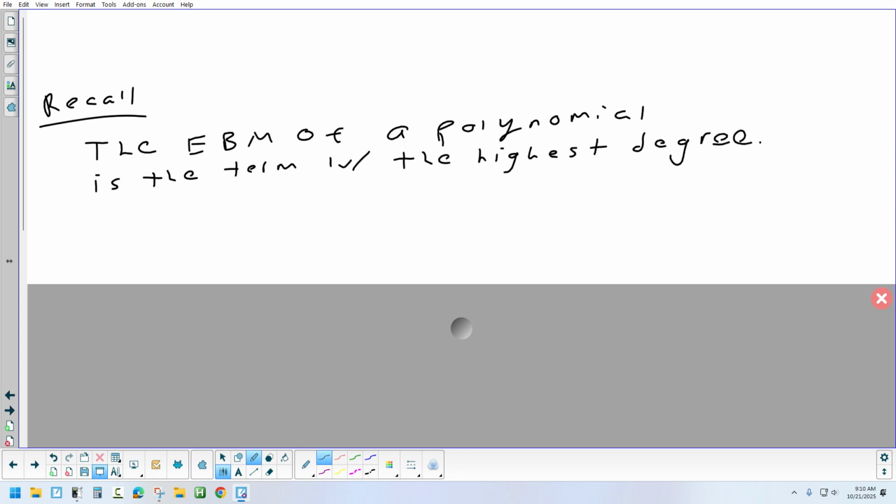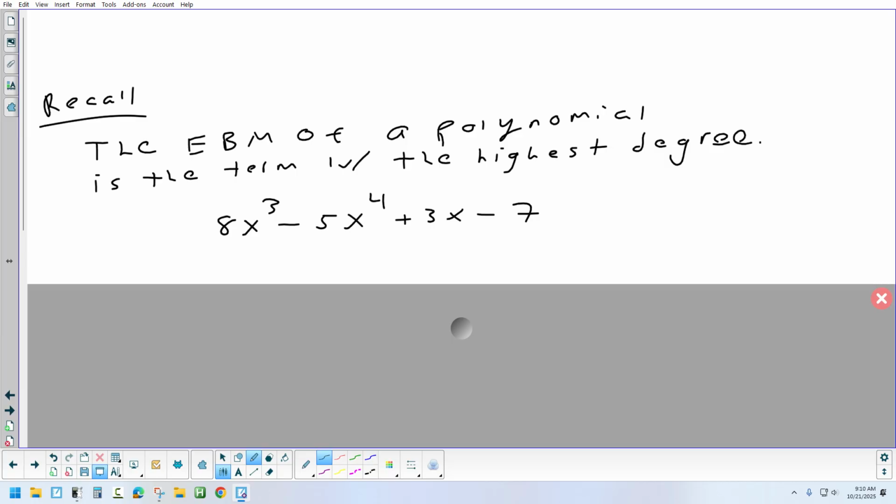So if I had something like 8x cubed minus 5x to the fourth plus 3x minus 7, what term there is going to control what the polynomial looks like? So we have four terms there.